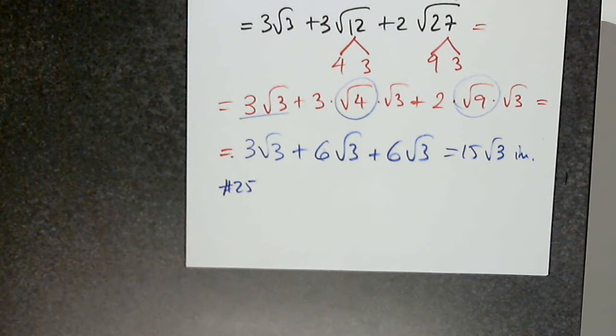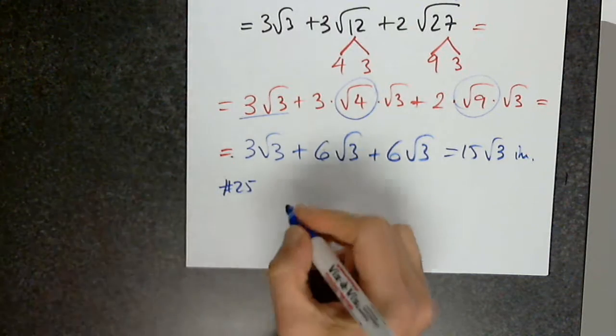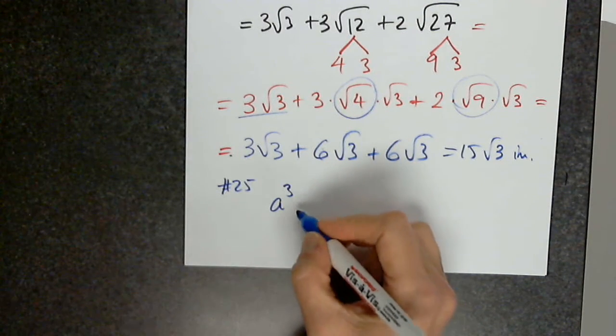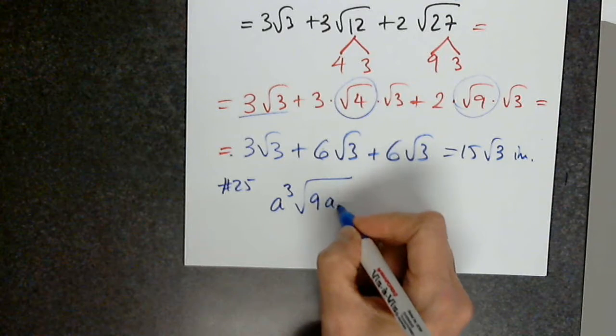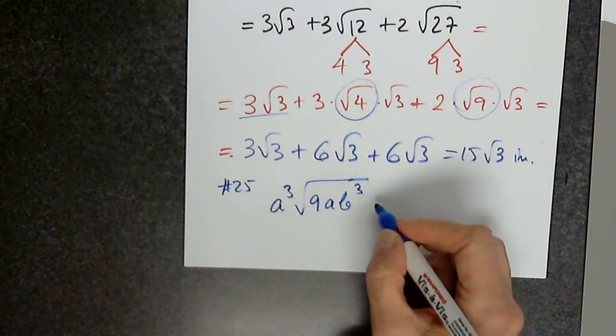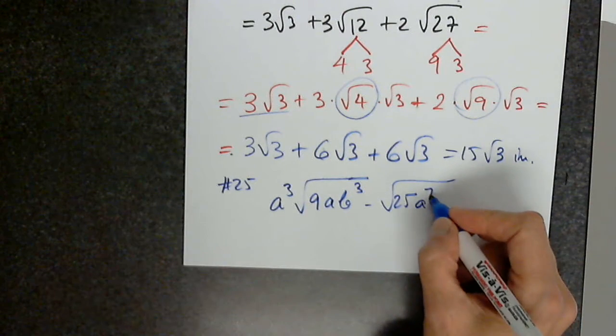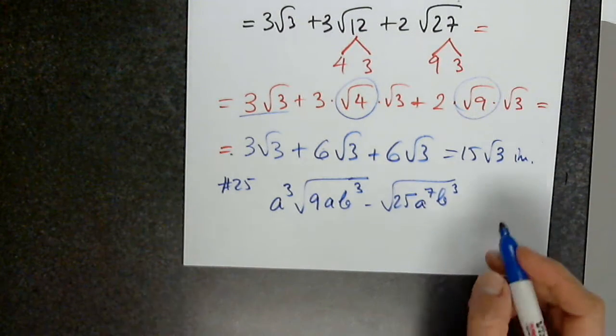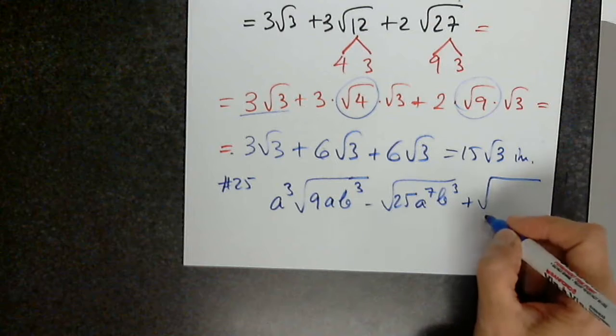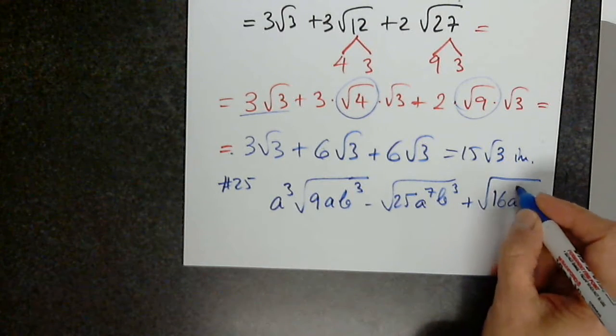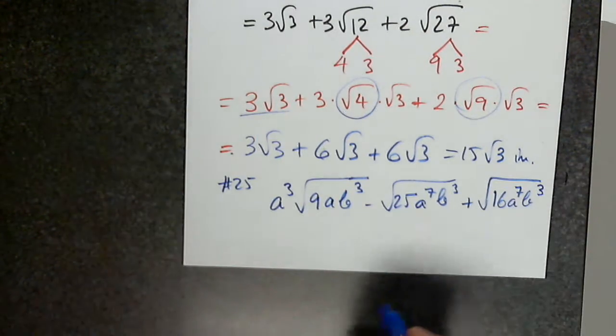Okay? So 25. So a cubed, the square root of 9ab cubed minus the square root of 25 a to the 7th b cubed and plus the square root of 16a to the 7th b to the 3rd.